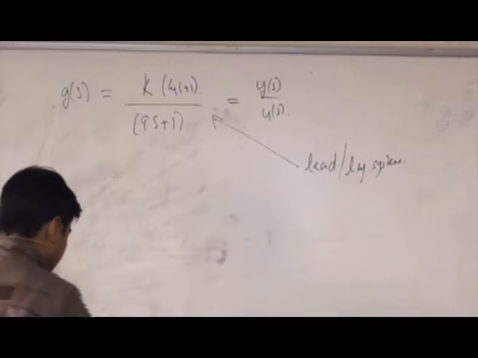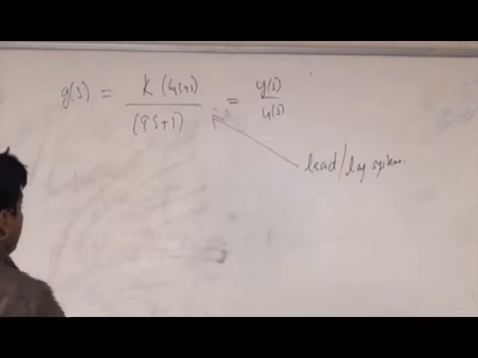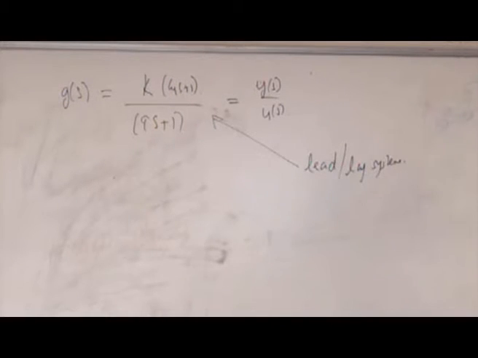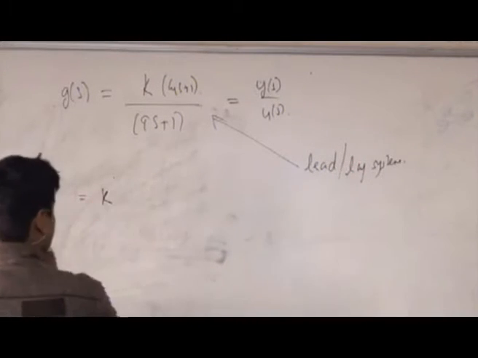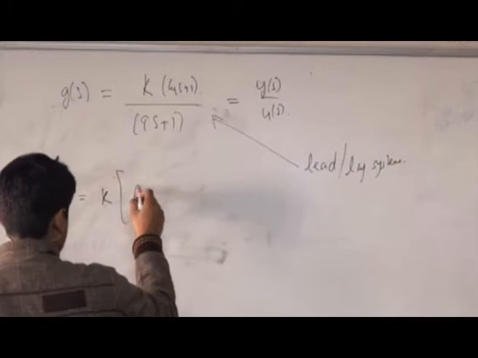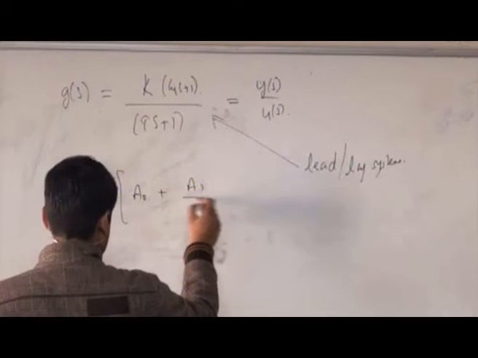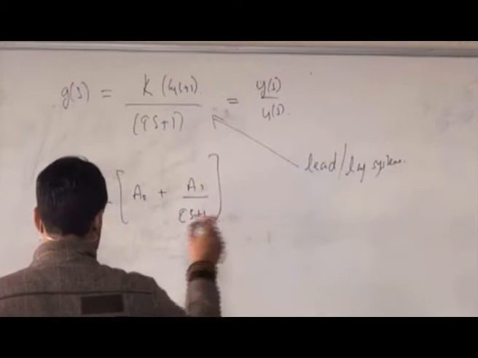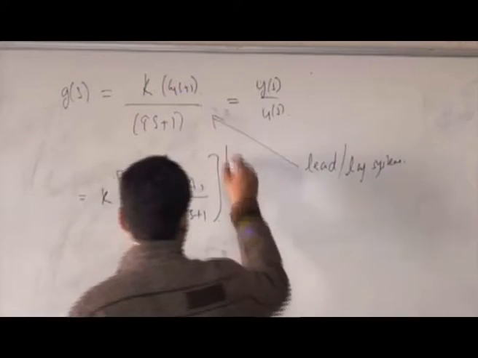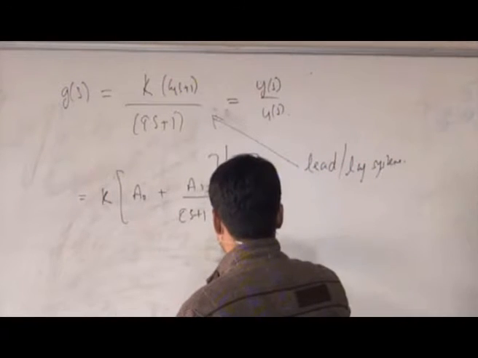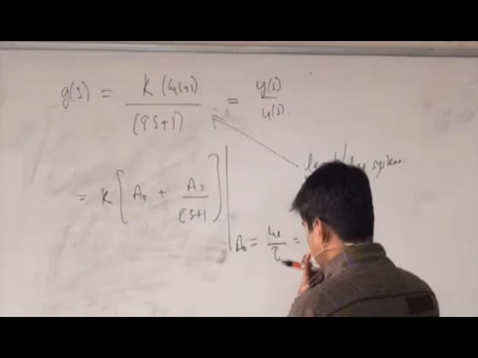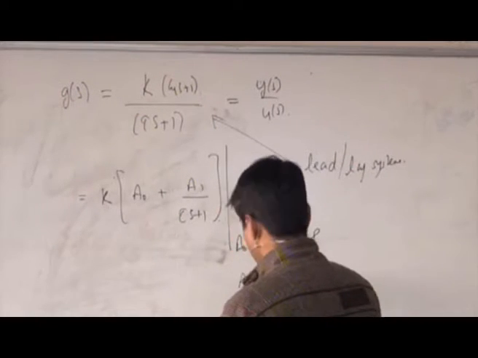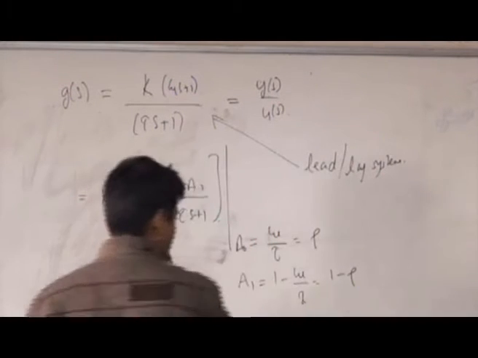Okay, so let's say I start computing the time domain signal for this transfer function for a unit step input. I would have, let's do first the partial fraction, where a0 is given by this, which I denote by rho, and a1 will be given by 1 minus rho.